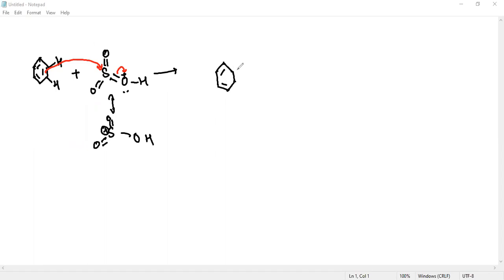So the aromaticity is broken here, and then what we have is one hydrogen here, and this will go ahead and attach here the electrophile. So what we have is S double bond O double bond O, and then this will be simply OH because it grabbed the electrons from this bond. So you have OH here.